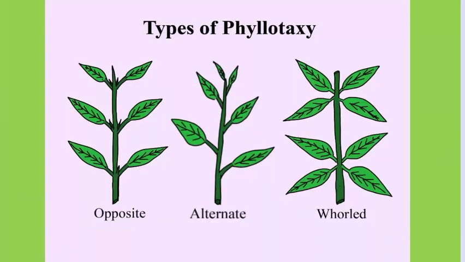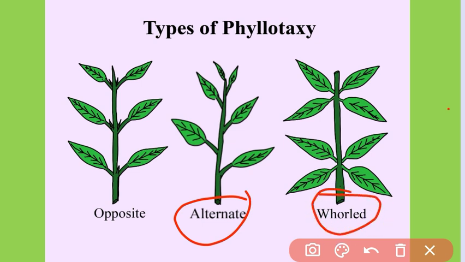Here in this image, the types of phyllotaxy: opposite, alternate and whorled. Alternate, an arrangement of leaves in which one leaf is present at each node.